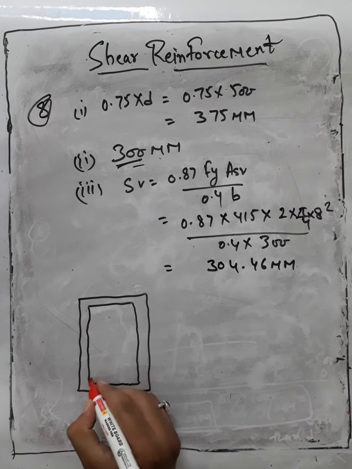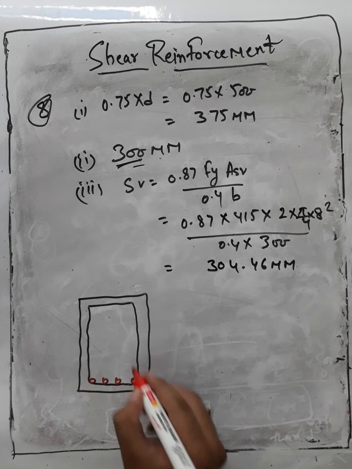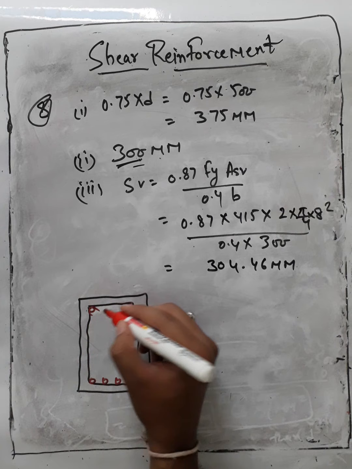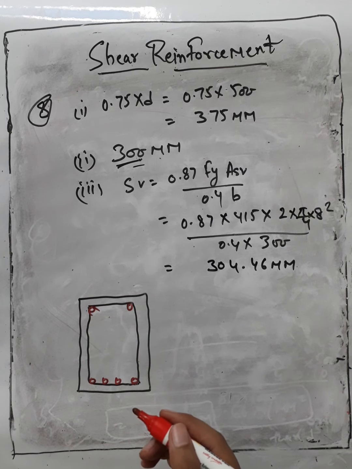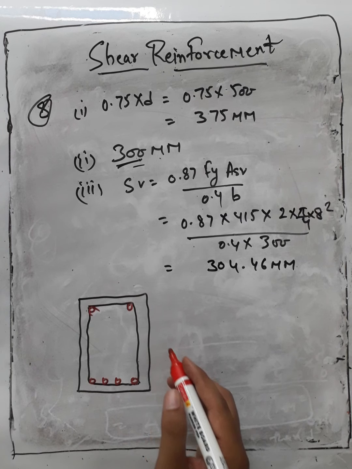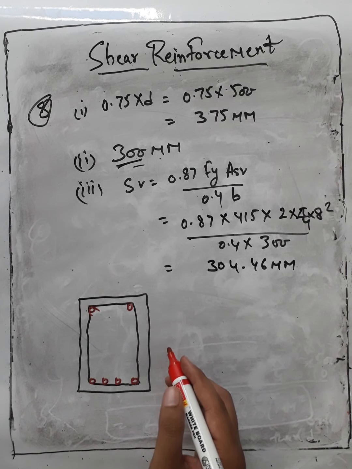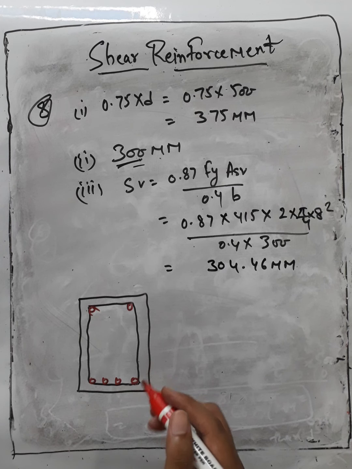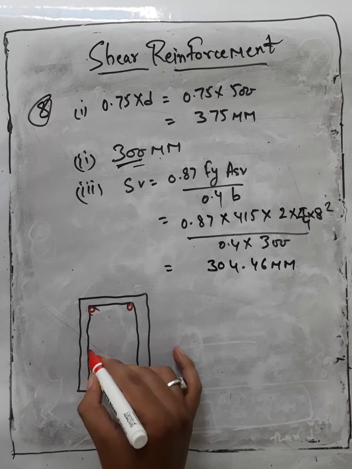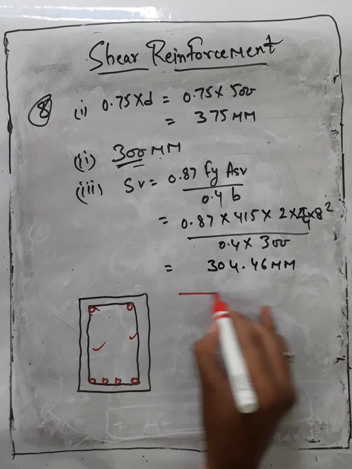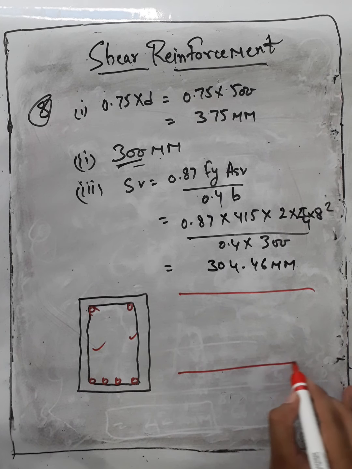Here we have provided the main reinforcement bar, and the primary bar or secondary bar. After that you have to draw the proper beam. This is a cross section, and here we have two-legged stirrups. So here you draw a proper section.